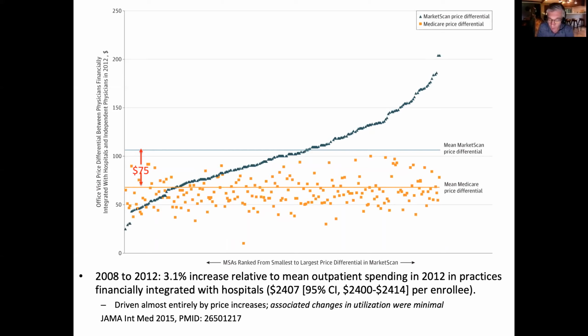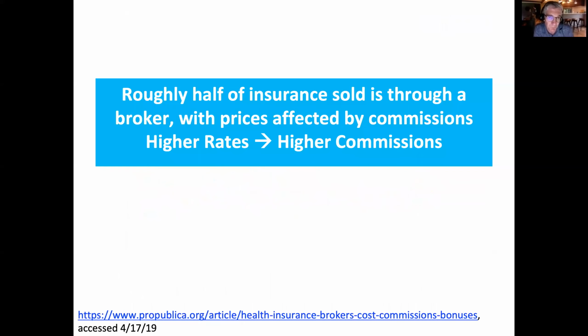So whatever administrative complexity was lost in that merger was more than made up for by more hard-nosed negotiation, so that we've, I think, pretty definitively shown that these large integrated healthcare systems are more expensive on the private side than their predecessors were.